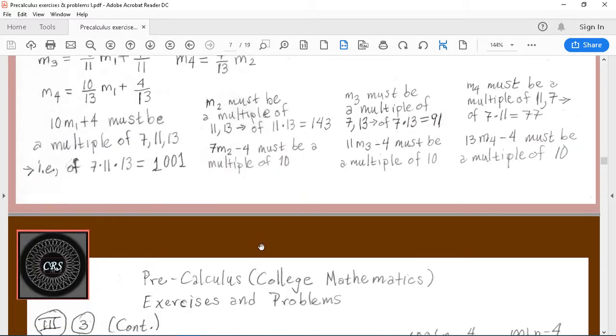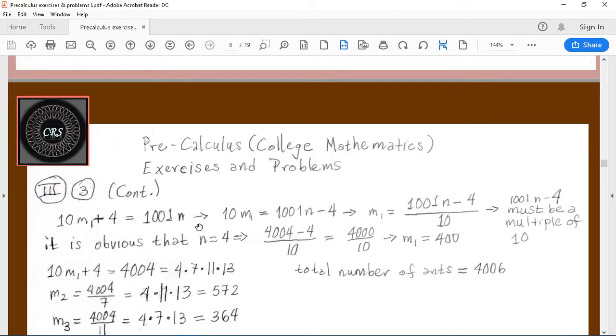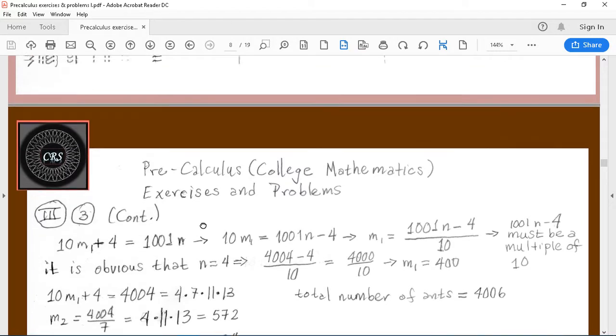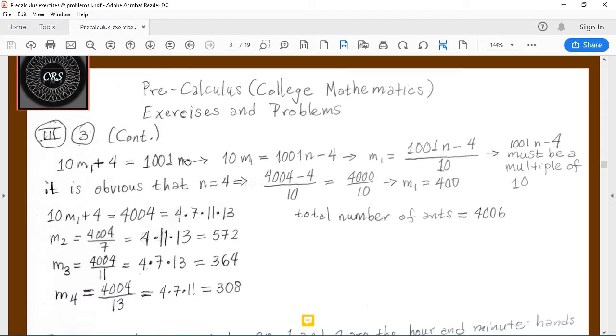Okay, so let's use this one. 10M1 plus 4 equals 1001 times a factor. Since 10M1 plus 4 is a multiple of 1001, then we have that 10M1 plus 4 is equal to 1001 times n, n being an integer.